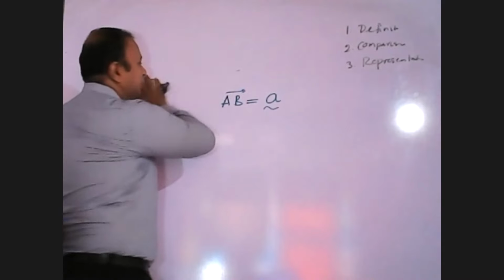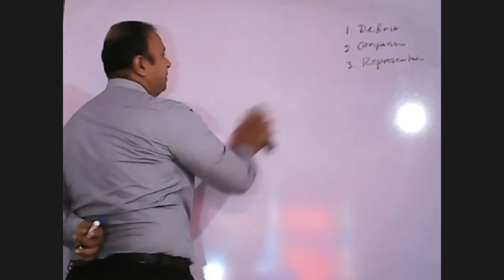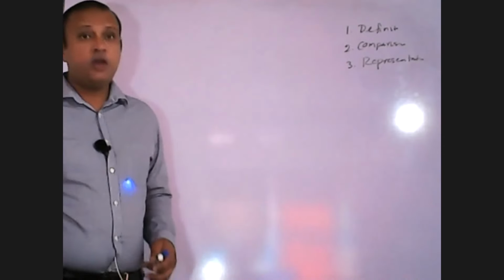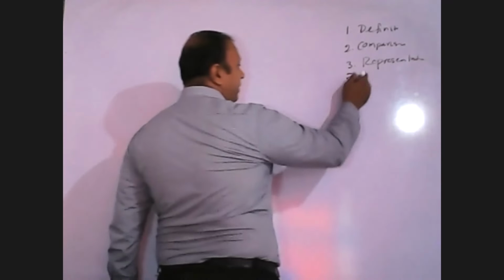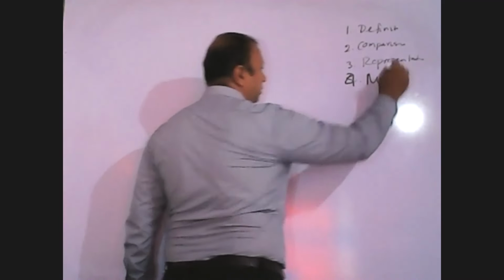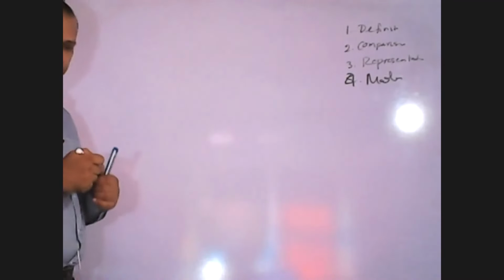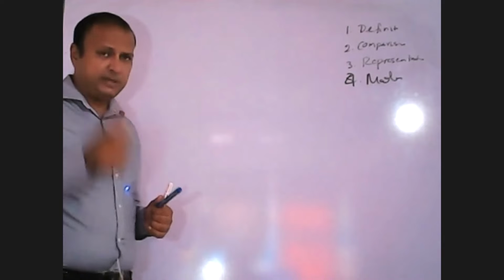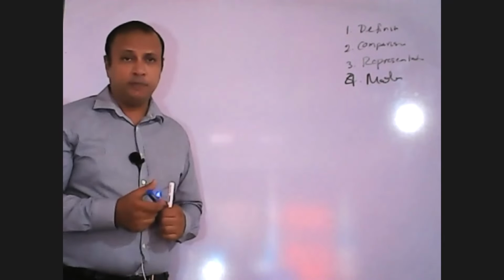Now we have discussed the representation of a vector. Now we are going to discuss the magnitude or modulus of the vector. What is a modulus? Modulus is a special name.